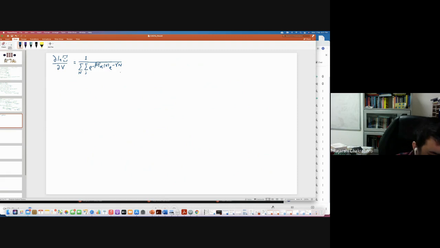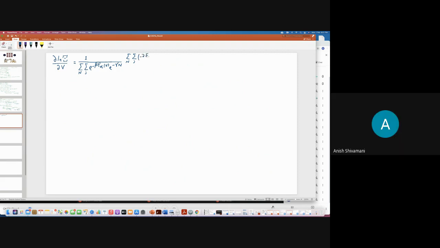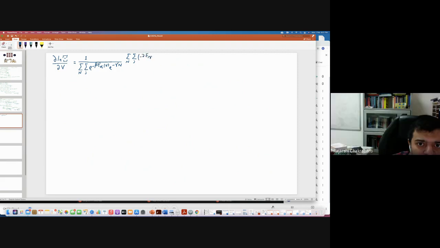See, the energy is a function of volume. So, sum over j of n_j, del E over del V, minus del E del V, del E del n_j, del n_j del V, into e to the power minus beta E, e to the power minus gamma n.